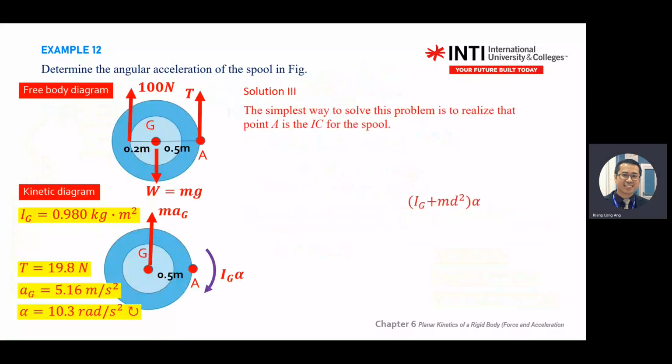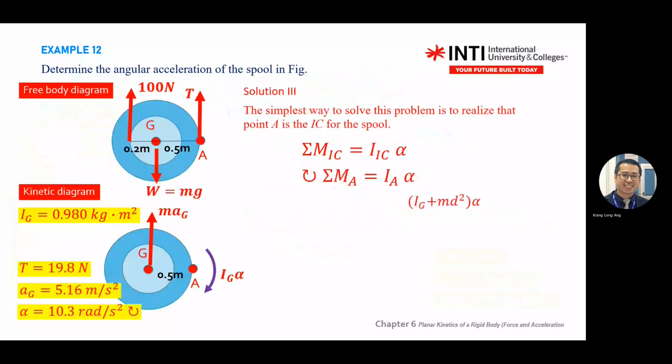Okay, third method. If you want to give yourself problems, go with method 3. Here you use the IC point. You use still the same, moment equal to I_C alpha, still the same.